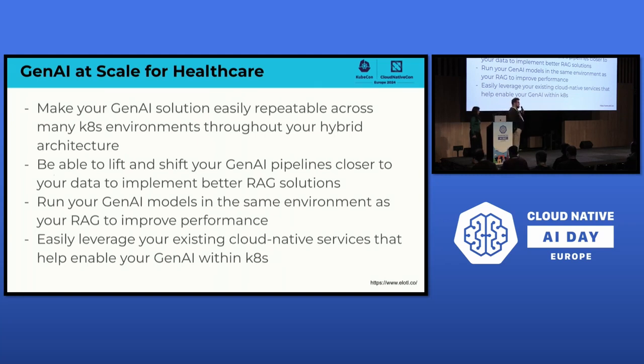And then ultimately, what you want to be achieving through this is being able to move your AI ML pipeline across different clusters and across different clouds. And this is the beauty of Kubernetes, because you can have the same footprint across multiple different platforms and environments.